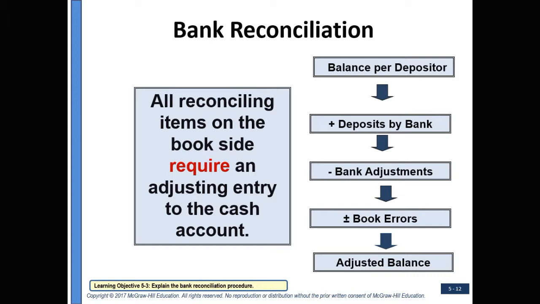And then any book errors that may have occurred will result in either an increase or a decrease to the cash account. You have to record all of these different types of increases and decreases in the cash account into the general journal, which then you post to the actual cash account. So some things that may occur for book errors.